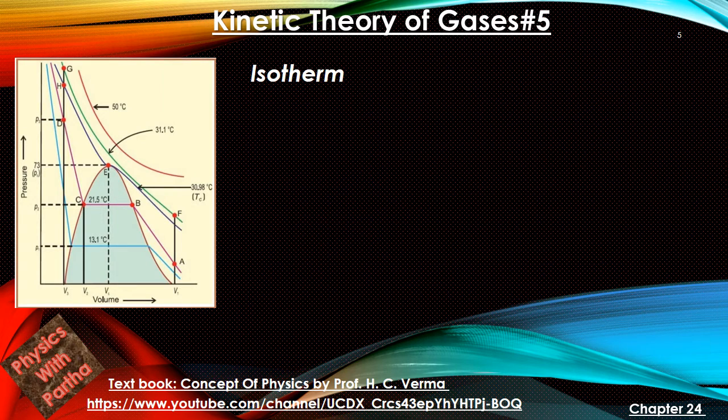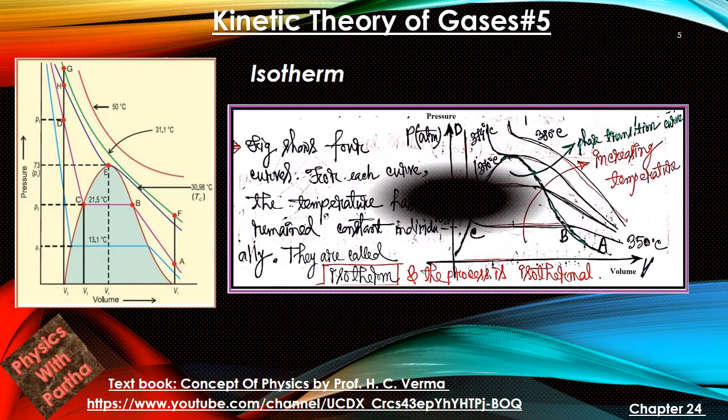Let's talk about isotherm. In the attached figure, taken from the NCERT book, I think the chemistry book, we can see different curves, each at a particular temperature. From the upward side, 50 degrees centigrade, 31.1 degrees centigrade, etc. are written. On the y-axis we are plotting pressure, on the x-axis we are plotting volume, and we are plotting a different curve at each particular temperature.